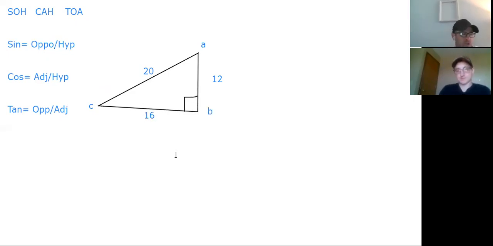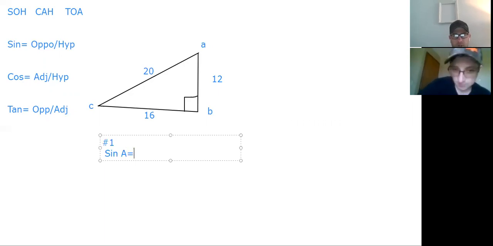Okay. So it says number 1, the sine of A. So that would equal... Let's go back up here and look. Sine is what? Opposite over hypotenuse. I'm using sine of A, so I'm going to use this angle right here.